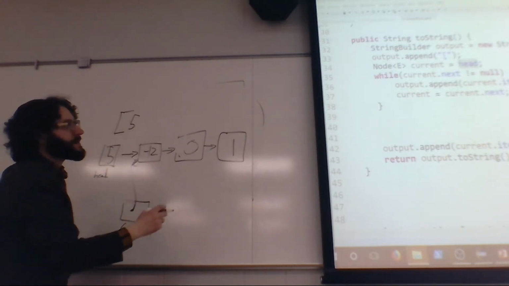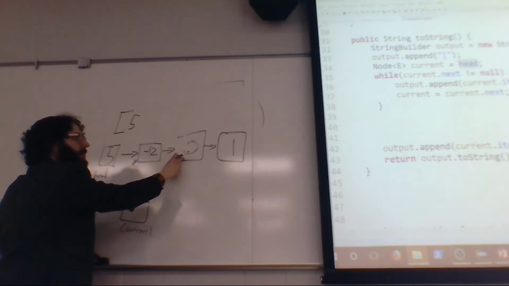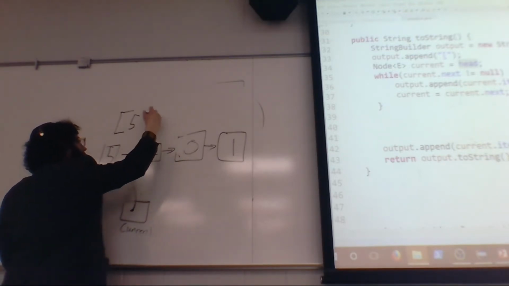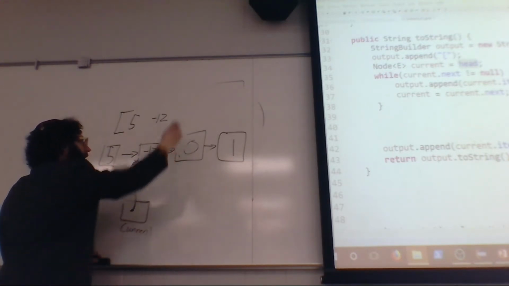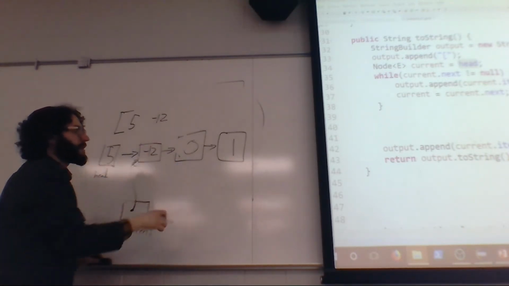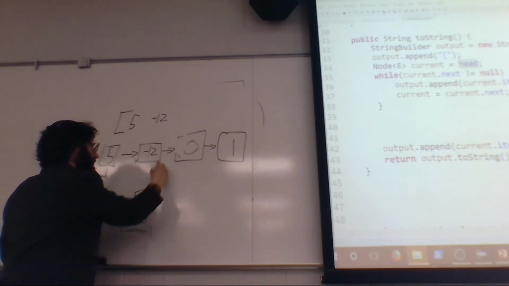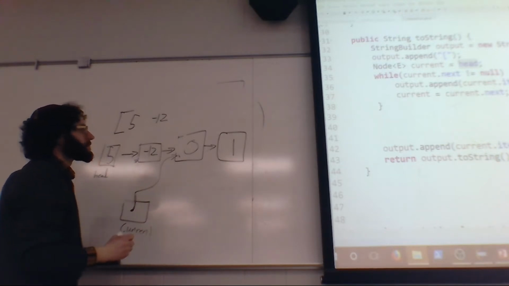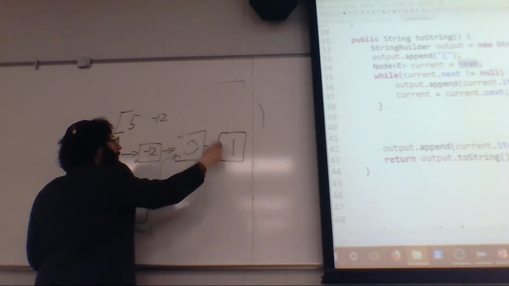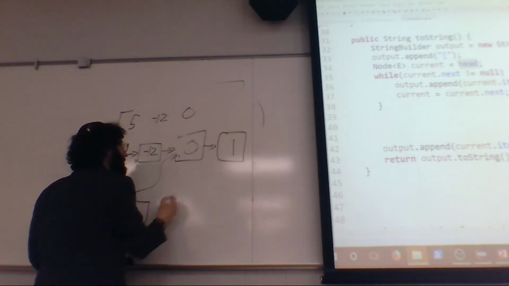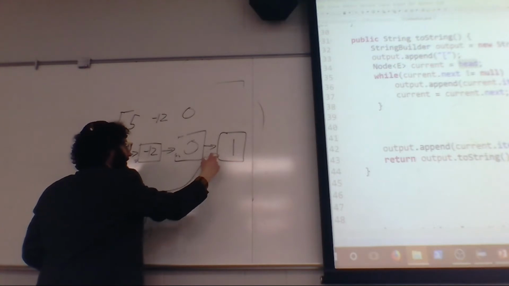So now we do the same thing. Is current's next node, which is 0, null? No, it's not. So we append the item with a space, and then we say current is equal to current.next. Okay, same thing. Is this next thing null? No, it is not. So we add a 0, then a space, and then we advance to the next item.